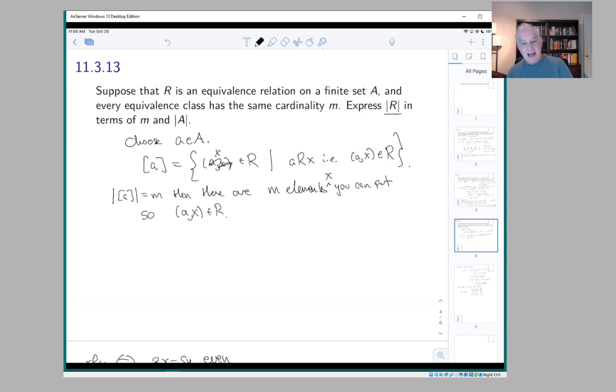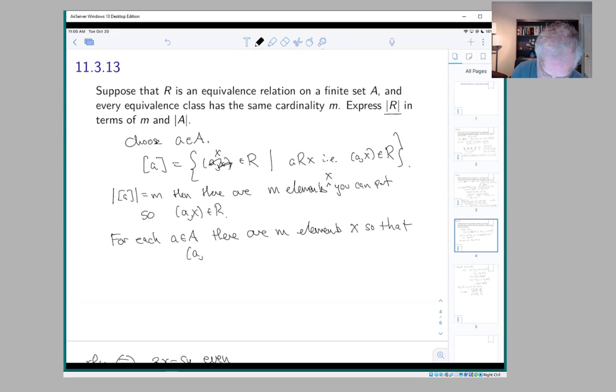And this gives us a way actually to count the elements of R, because for each element of A, there are m elements x so that (a, x) is in R. On the other hand, every element in R is of the form (a, x). So to make an element of R, the way you do it is you pick an element of A, and we use the multiplication principle.